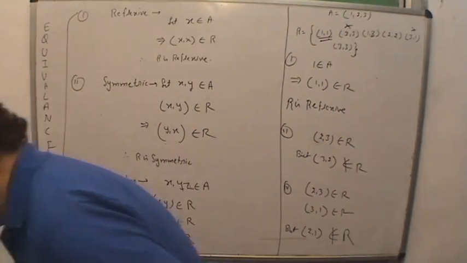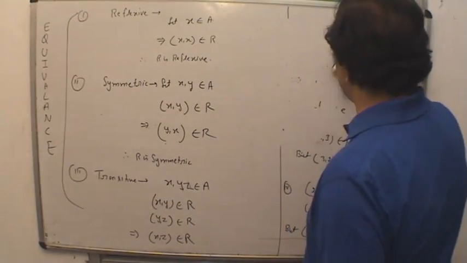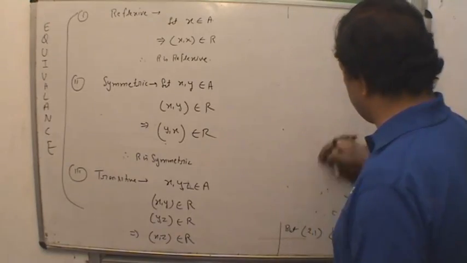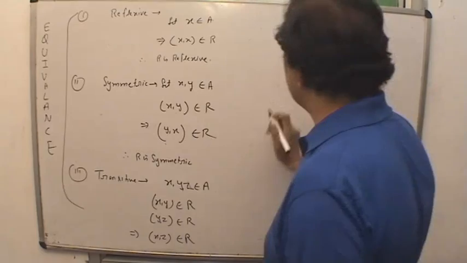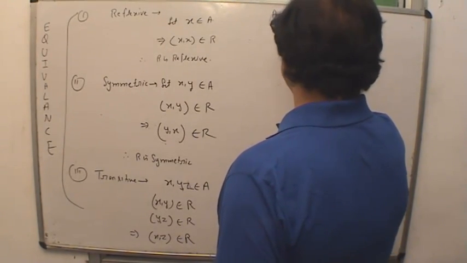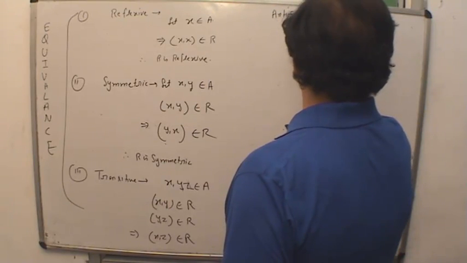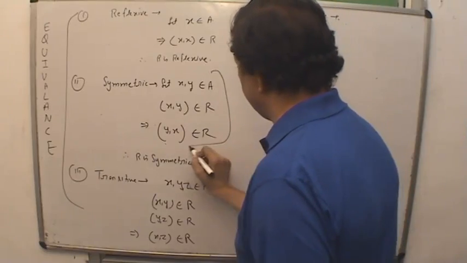Here we consider the fourth property, the antisymmetric property of a relation, which is different from the equivalence relation. What is antisymmetric? For antisymmetric, we repeat the same property.